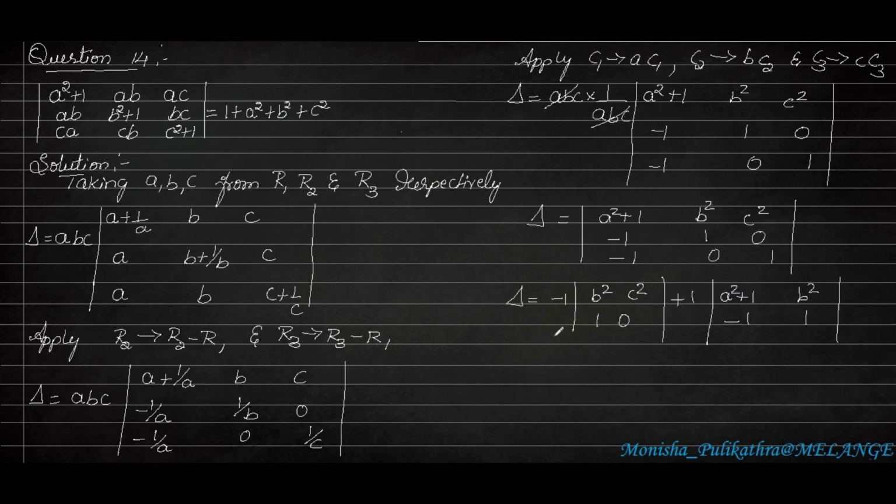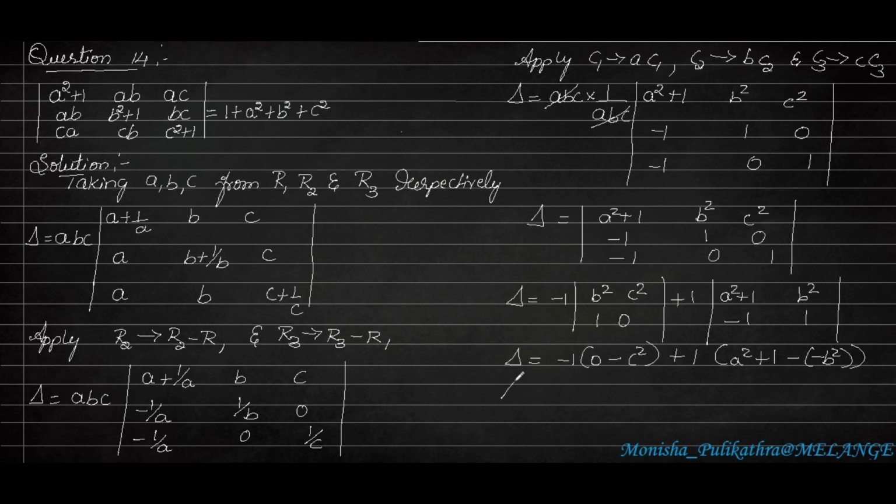So here we will get delta is equal to minus 1. Here b square into 0 is 0, minus c square into 1 is c square, plus 1 into a square plus 1, minus b square.